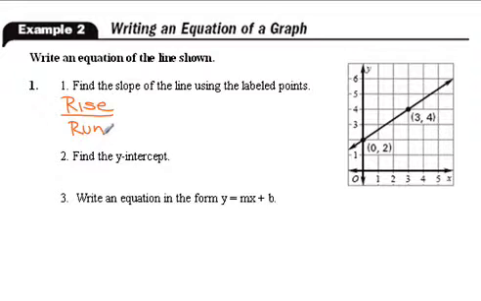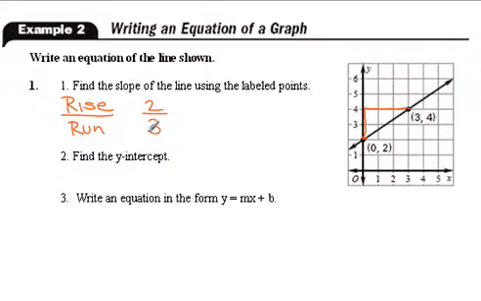So here we have, from our bottom point, we rise 1, 2. So there's my rise. And my run is to the right, 1, 2, 3. So there's my slope.